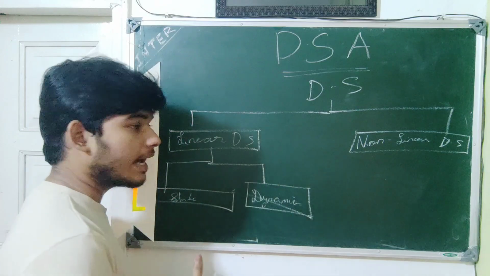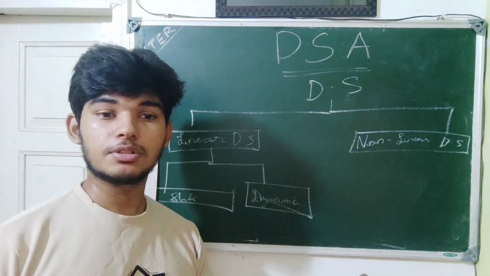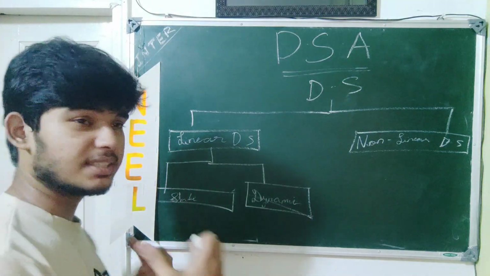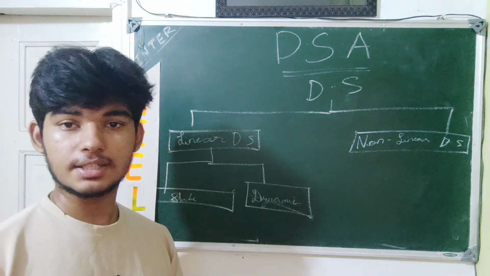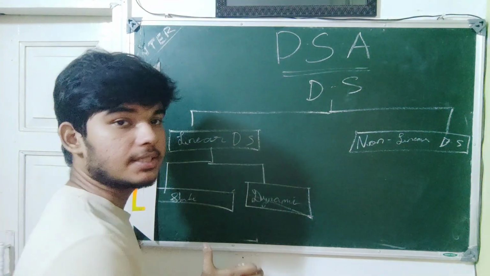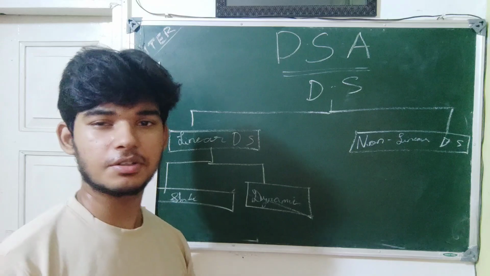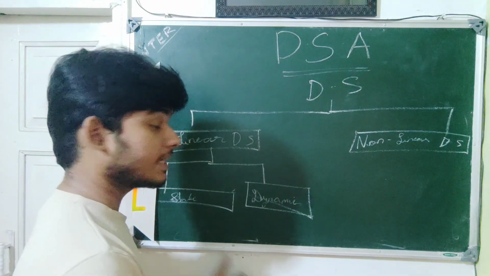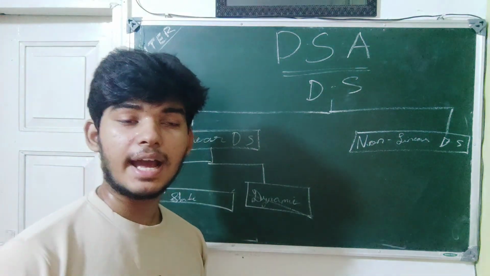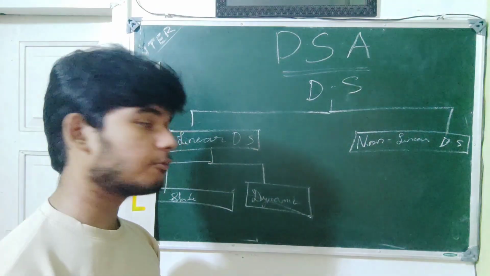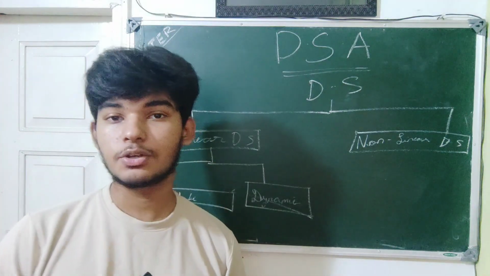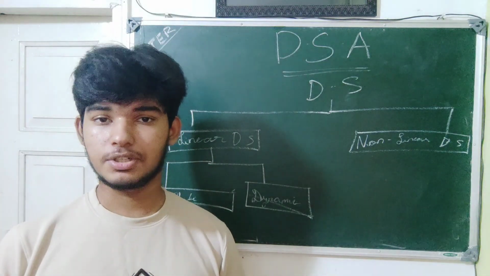In a static data structure, as the name suggests, the memory for the elements is fixed. The memory isn't changed throughout the process, and it also takes up less space in our computer. Then you have dynamic, which, as the name suggests, can be changed throughout the code, and its size varies. It is really helpful because it can have less or more size depending on your computer specifications.